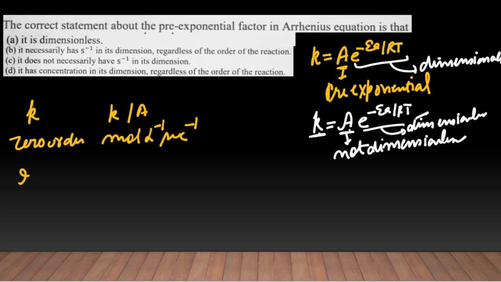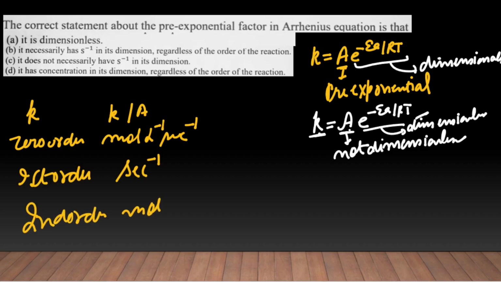If I have the first order, the units of the rate constant is second inverse, and that will be the units of the pre-exponential factor also. In the second order, the units are mole inverse liter per second.